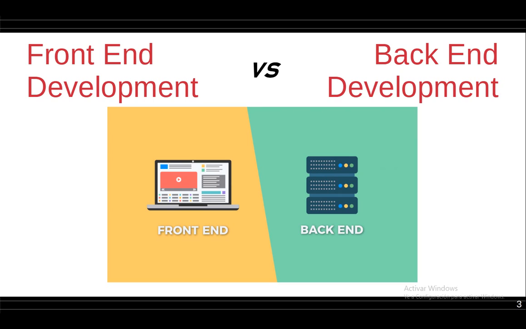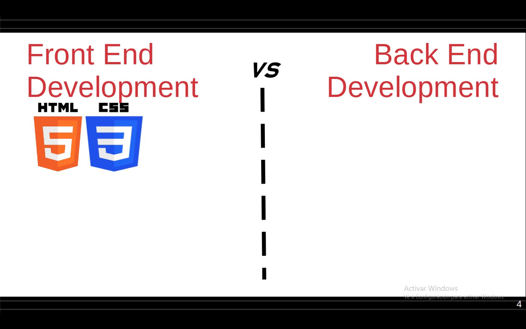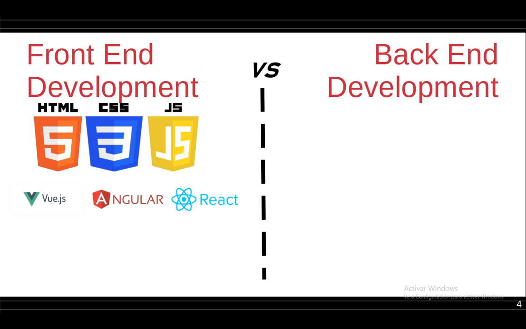It's also called client-side programming and is done using technologies such as HTML, CSS, JavaScript, which are the core of the front end, along with many others, such as frameworks like Vue.js, Angular, React, and Bootstrap. Remember, encode the visible part.